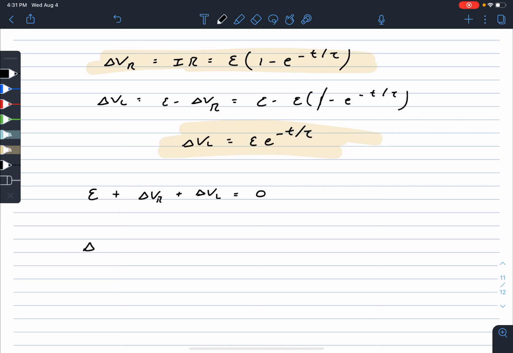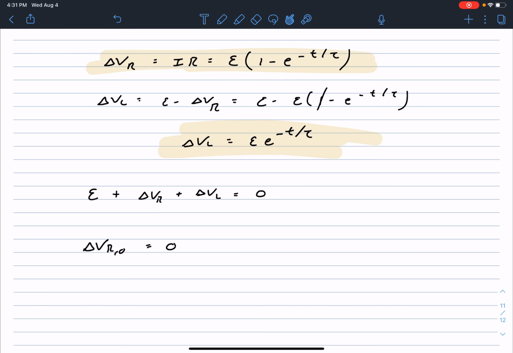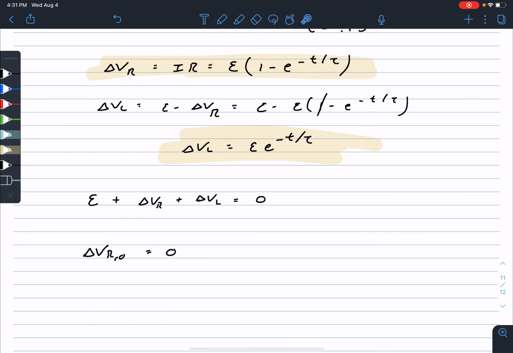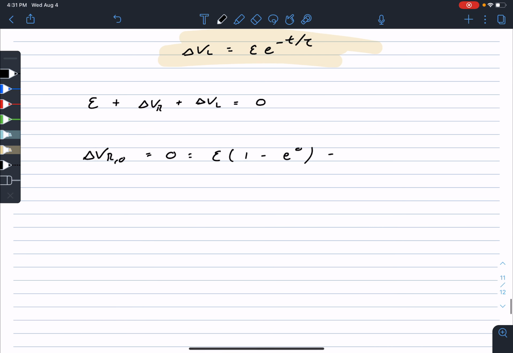So at time 0, this is equal to 0, because we have 1 minus e to the 0. To be more explicit, e to the 0 equals 1, so 1 minus 1 equals 0.